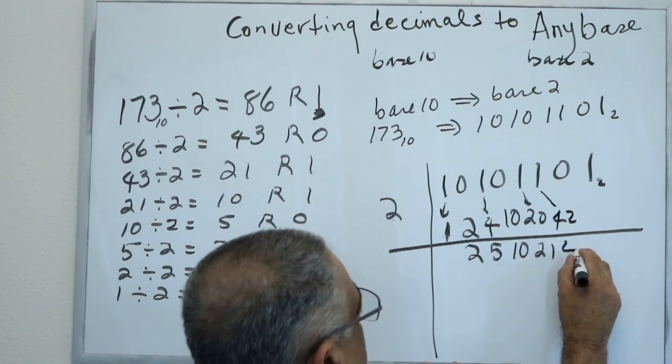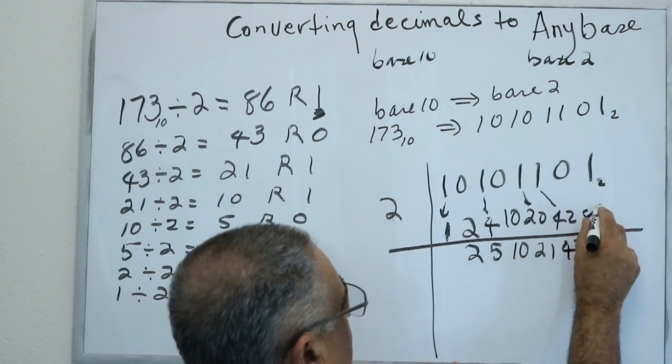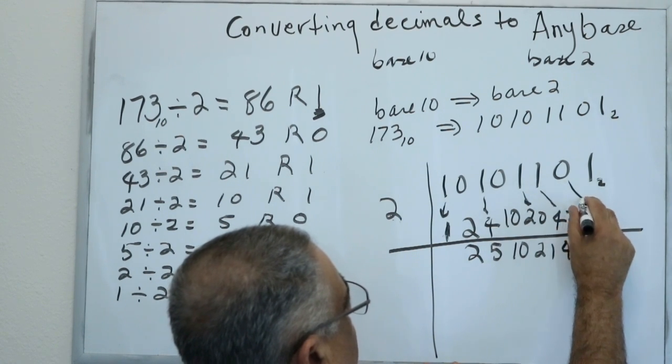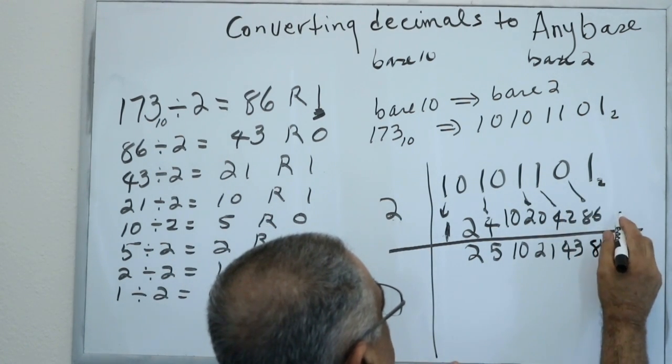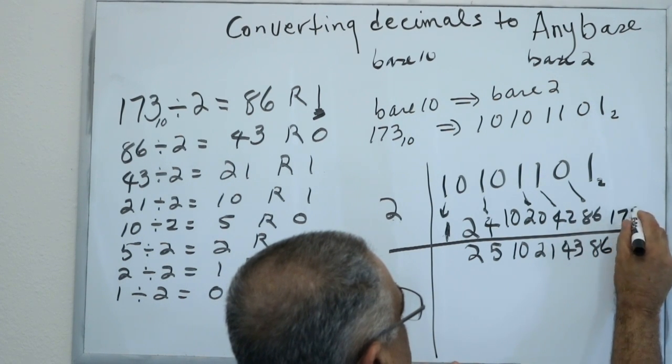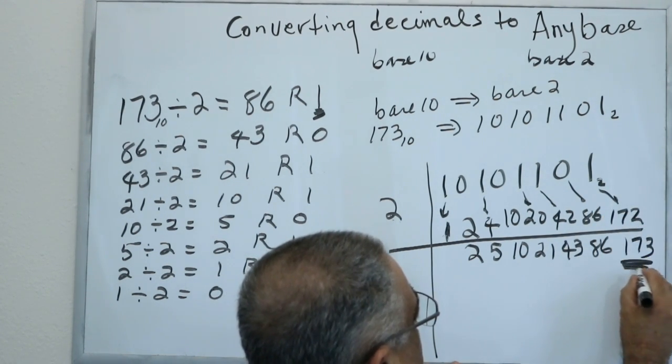Plus 1, that's 43. 2 times 43 is 86. Plus 0 is 86. 2 times 86 is 172. Plus 1 is 173. See that?